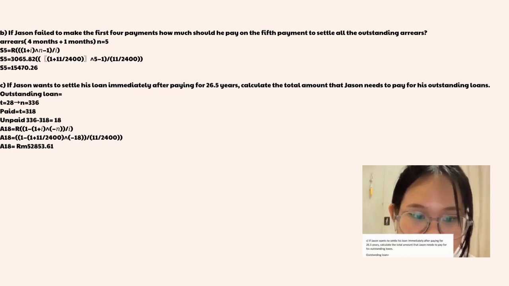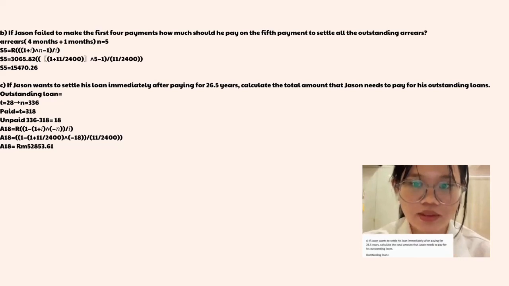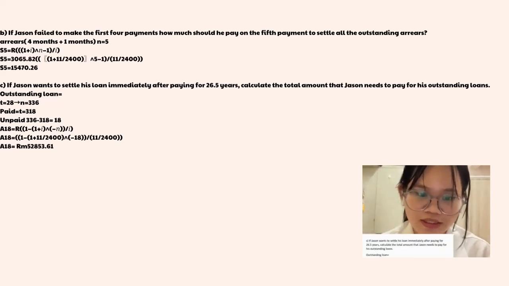A18 equal to 3,065 ringgit 82 cents, open bracket, 1 minus, open bracket, 1 plus 11 over 2,400, close bracket, power negative 18 over 11 over 2,400, close bracket. A18 equal to 52,853.61.